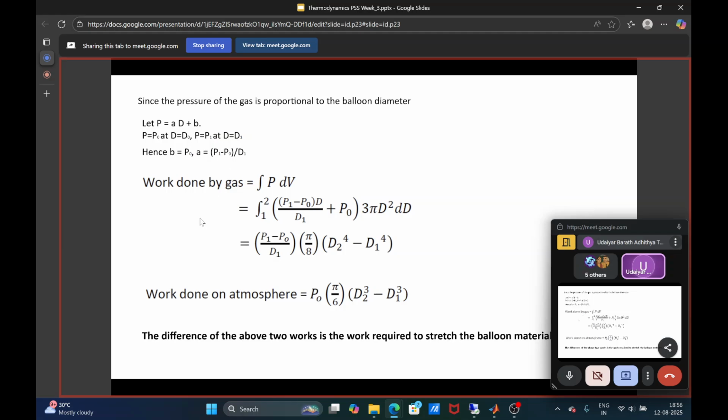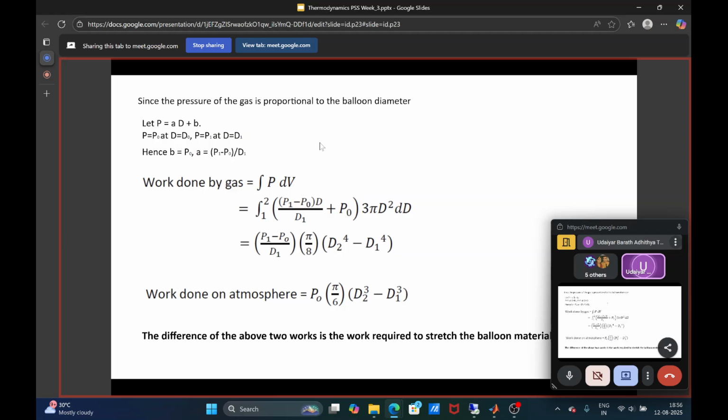Now the work done by the gas is simple, integral P dV. Substituting the pressure equation here, we get this equation, and volume you can write as 4 by 3 pi r cubed.